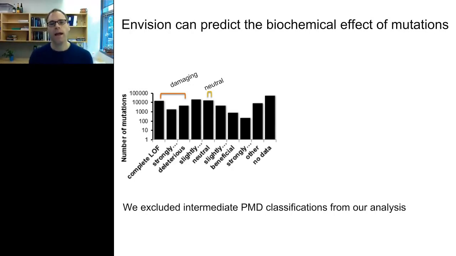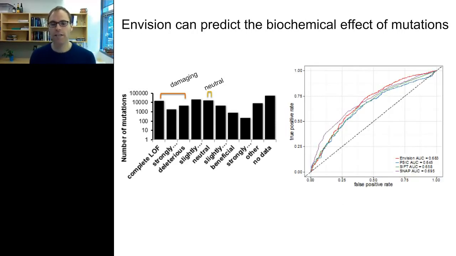And then we compared Envision's prediction capability to the prediction capability of a number of other predictors, and this is just an ROC curve showing what happens. So Envision is more accurate than every other model that we tested, except for one, and that's SNAP. SNAP is slightly more accurate than Envision, but it's also not a fair comparison because SNAP was trained on this particular PMD data set.